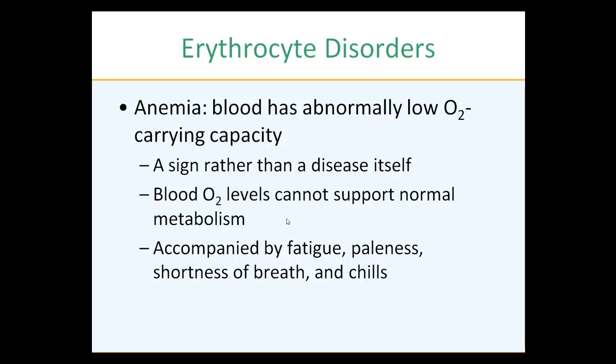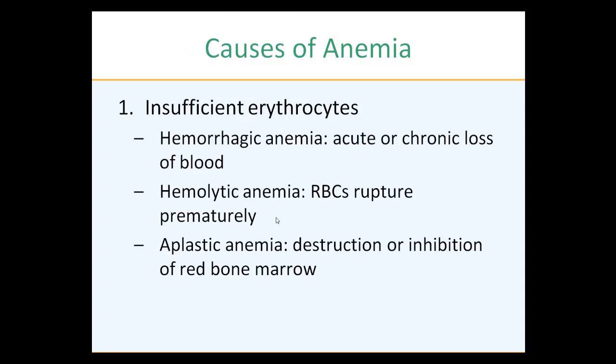With erythrocyte disorders, we can have anemia, where the blood has abnormally low oxygen carrying capacity. The reason for the anemia can be variable. We can have insufficient erythrocytes, whether because of hemorrhage or because they're breaking up very quickly. We call that hemolytic anemia.